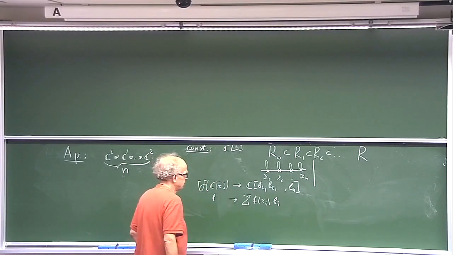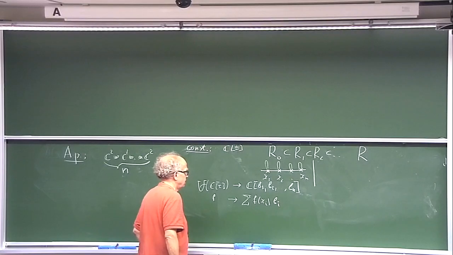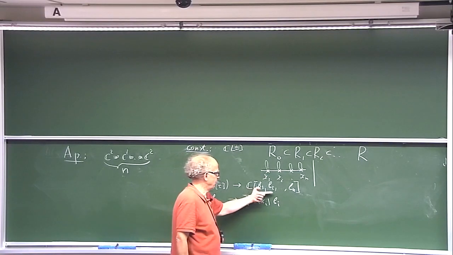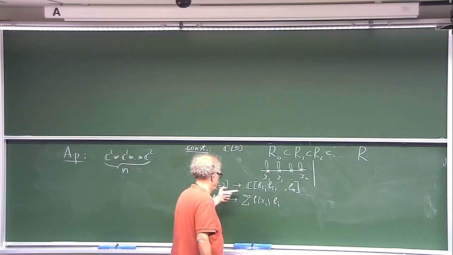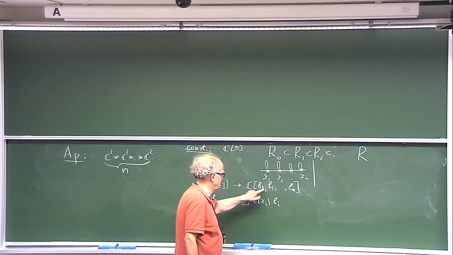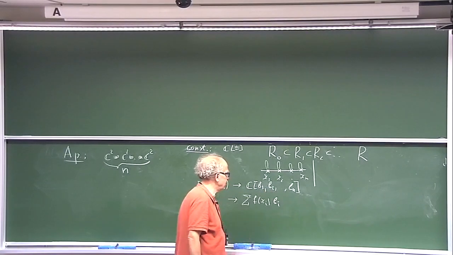Now, this is a rather evident way. So we have a homomorphism. This is a polynomial ring in an infinite number of variables. This is a polynomial ring in a finite number of variables, b1, b2, and so on, bn.